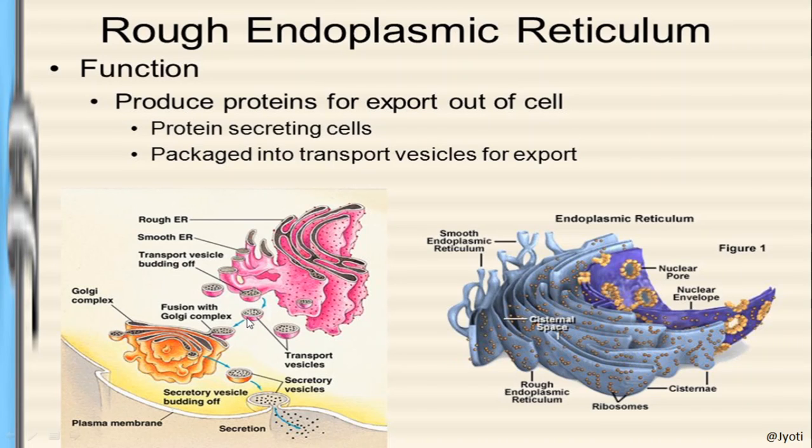Vesicles are formed after the protein synthesis in the ribosome. They are the packaging unit of the proteins. They contain the proteins, then transport these proteins to the Golgi complex.